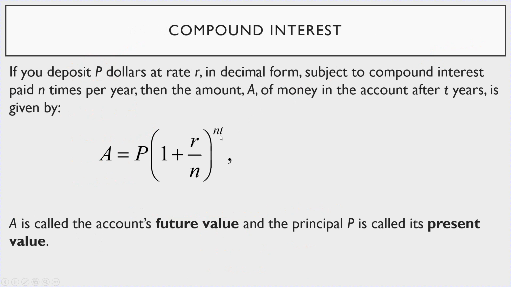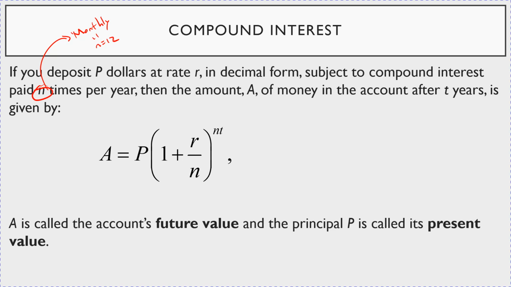All right, so here it is. If you deposit P dollars, so again, that's your principal, at a rate R in decimal form, subject to compound interest paid N times per year. So for example, if it's done monthly, that would be N equal to 12 because it's 12 times a year.